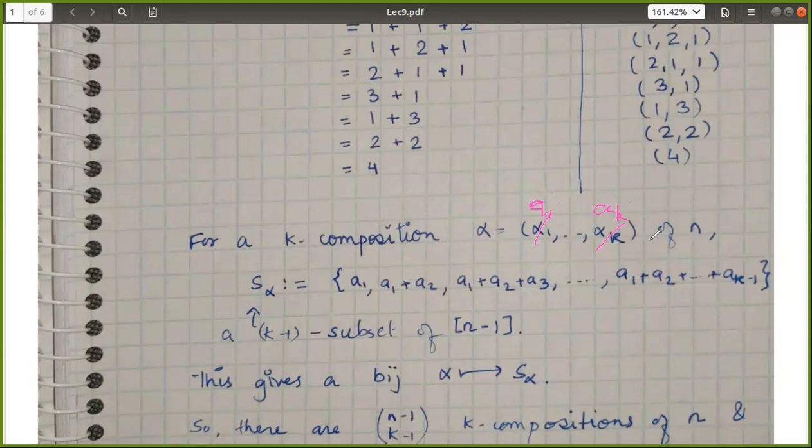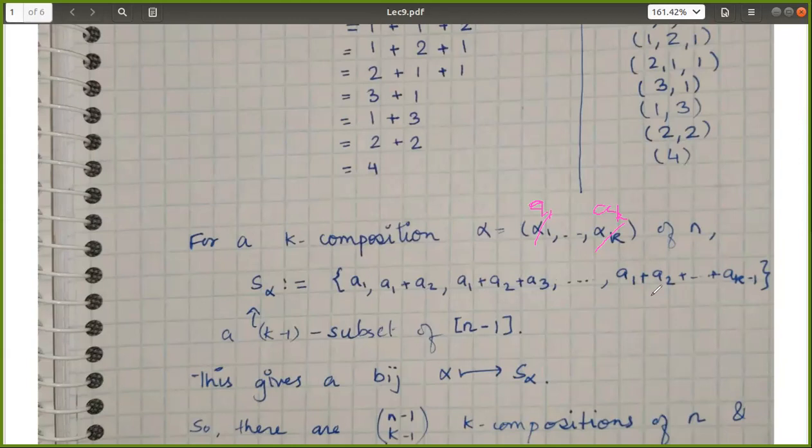When you take any particular k-composition alpha of the elements a1, a2, ..., ak, you associate a subset S alpha given by the elements a1, a1 plus a2, a1 plus a2 plus a3, and so on. The last element is a1 plus a2 and so on up till a(k-1).